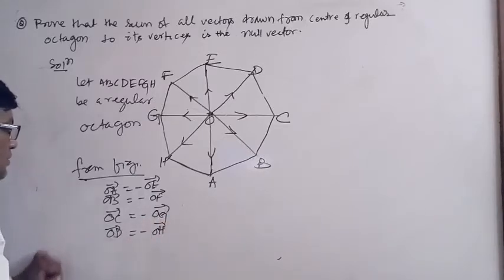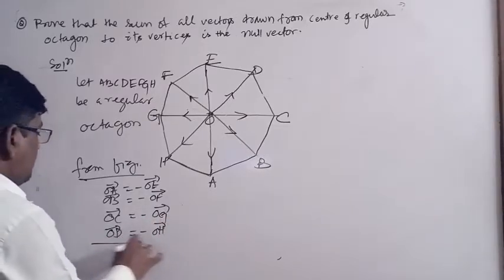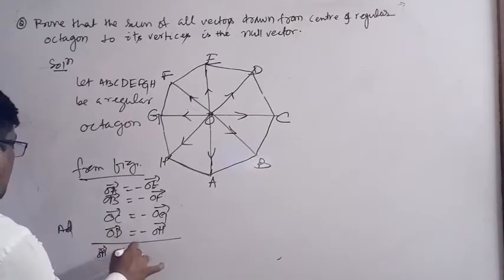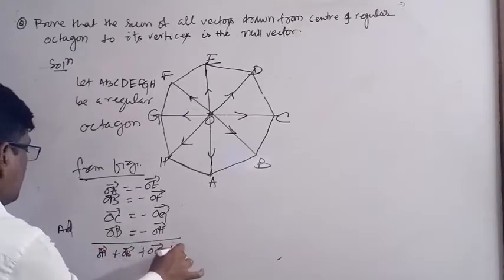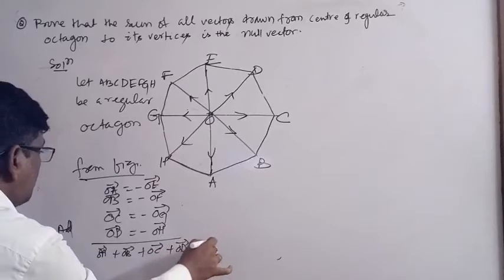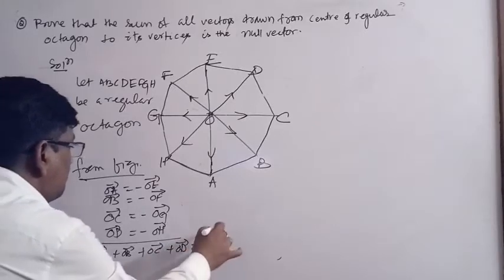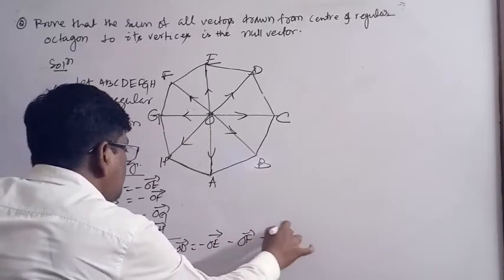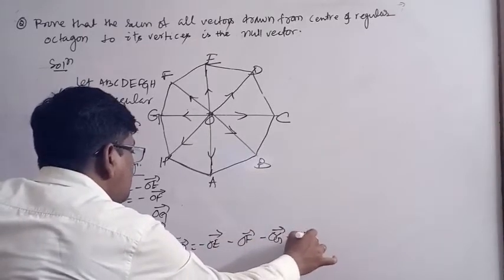There are 8 vertices, A to H. Now add these: OA plus OB plus OC plus OD is equal to minus OE minus OF minus OG minus OH.